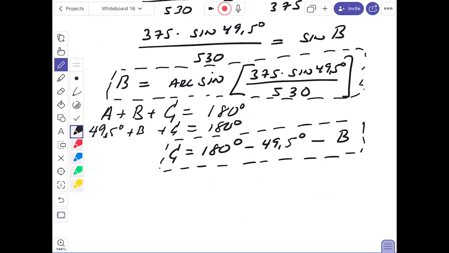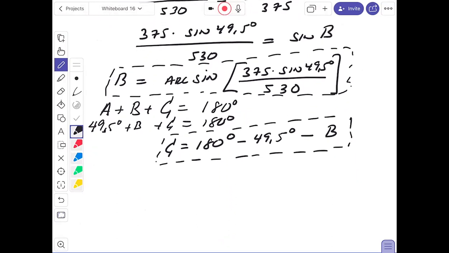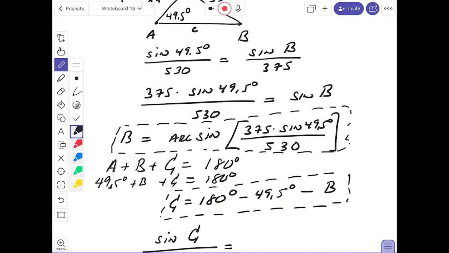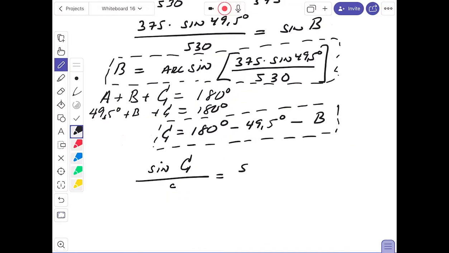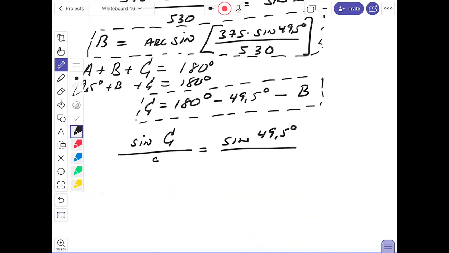Now what am I going to do? I'm going to figure out side C. So what's it going to be? Sine of C over side C equals, let me remind you, sine of 49.5 over 530, right?